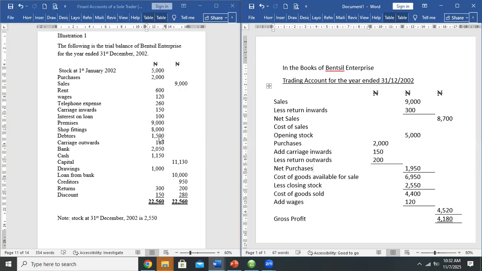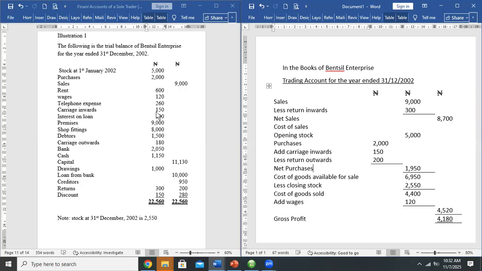Debtors is a current asset. Carriage out was expense. Bank, current asset. Cash, current asset. Drawings, it affects capital, right? Return invoice is an expense. Discount allowed is an expense.